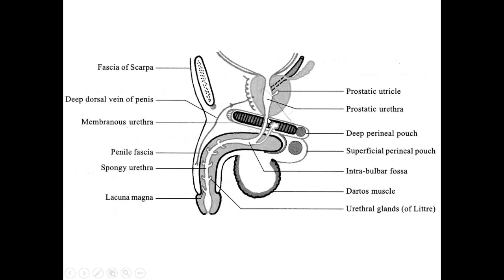The portion of the urethra passing through the deep perineal pouch and traversing the urogenital hiatus and perineal membrane is the membranous urethra, and after that the portion of the urethra up to the external urethral orifice is the spongy part of the urethra.